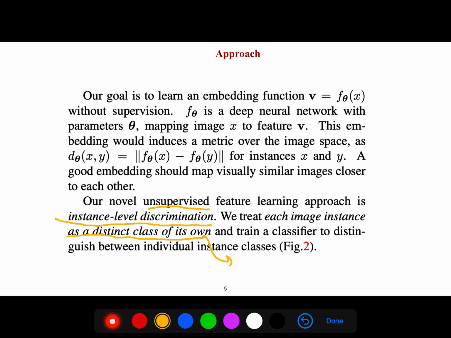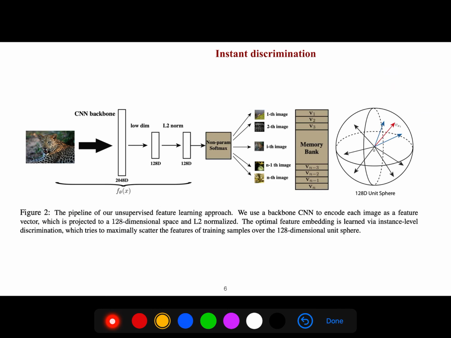We couldn't do this, so we invented tools such as negative sampling and hierarchical softmax, or in this paper it uses contrastive noise, which asks: is it from the model or from data? Is it noise or is it from data? So we create a memory bank, because the number of instances is the same as the number of classes, so it's a huge number of classes.